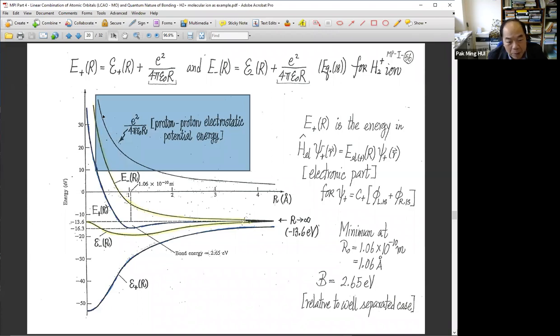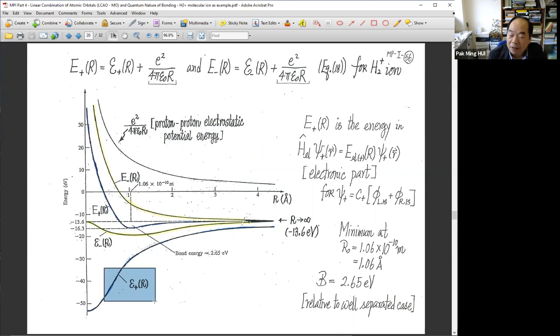It is just a number for a fixed separation R, because you put it there, then I know what is e squared over R. So for the whole thing, we need to add this electronic answer to the nuclei repulsion value. So we add this line to this line, and at the end, we have this E plus of R.